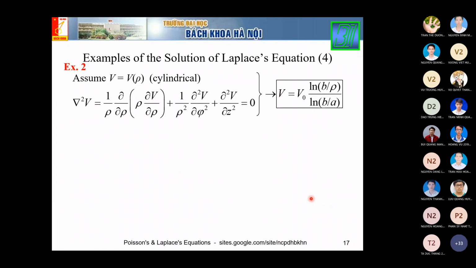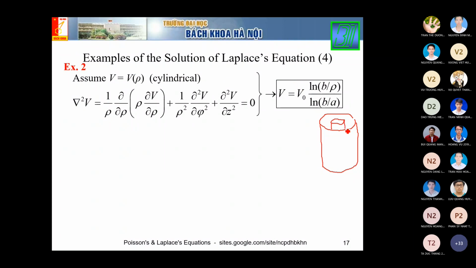Right. So once we found this, please keep in mind that this is the potential field of a coaxial cable. Okay, two coaxial cylinders. The first one has a radius of a, and the radius of the second one is b. Here you are.